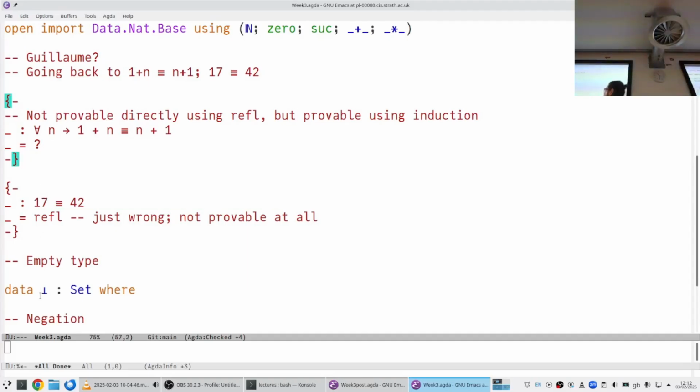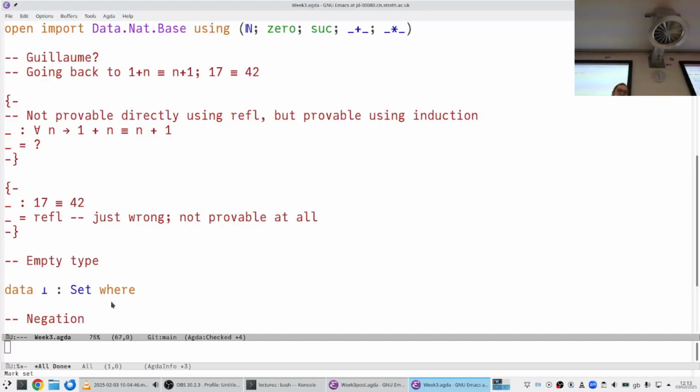All right. So what am I doing here? So if you remember when we saw simple inductive types, we said that data was introducing a new type constructor, and then we had potentially a description of the arguments it could take. Here it's called bottom, and it's not taking any argument whatsoever, and it's a type. And then we're saying where, and we're listing the constructors. And the constructors are ways to build values of that type.